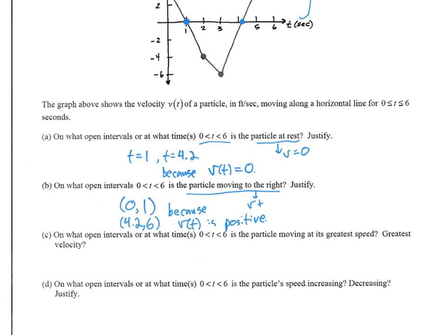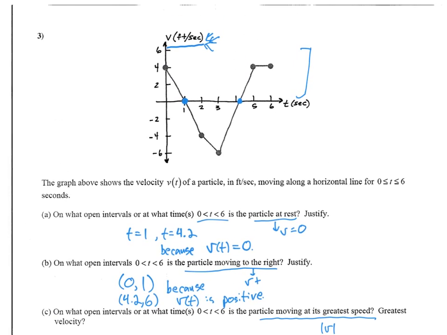On what open intervals or times is the particle moving at its greatest speed? Remember, speed is the absolute value of velocity. So we're looking for where the absolute value of velocity is the greatest. We don't care whether velocity is positive or negative. We just want the all-out largest number. If I look at my velocity graph here, I see the largest positive velocity we get is 4. But the largest negative velocity we get is negative 6.